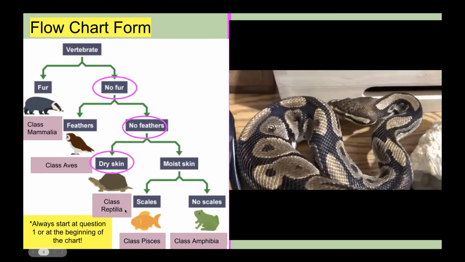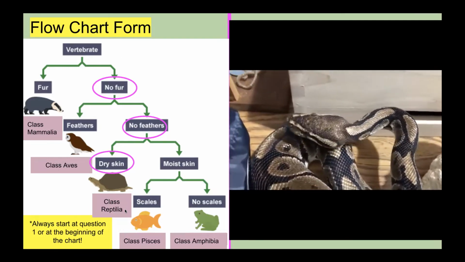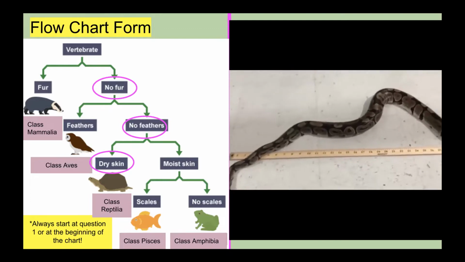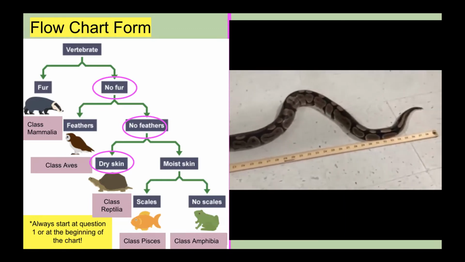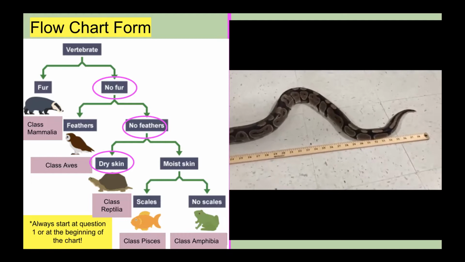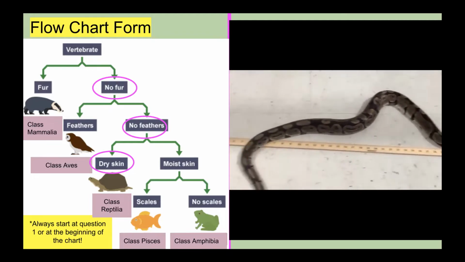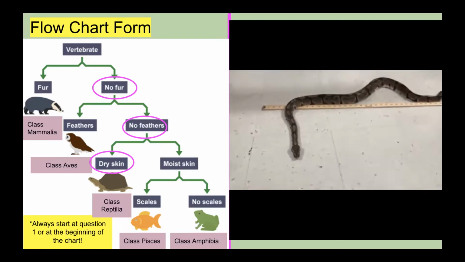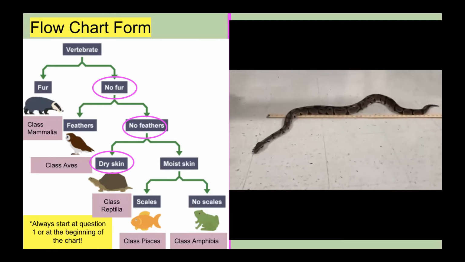So no matter what form of dichotomous key you're using, you're always going to start at question number 1 or at the beginning of the flow chart. Again, you're just going to look at what your 2 options are. You're just going to choose the option that best describes your organism and then continue to the indicated steps.